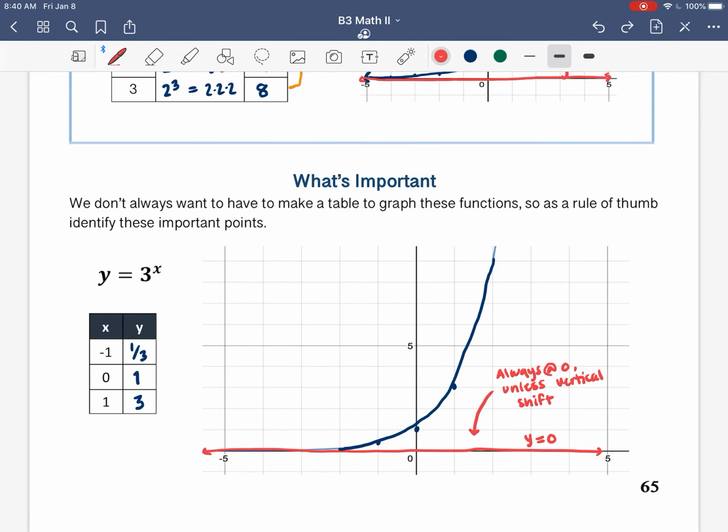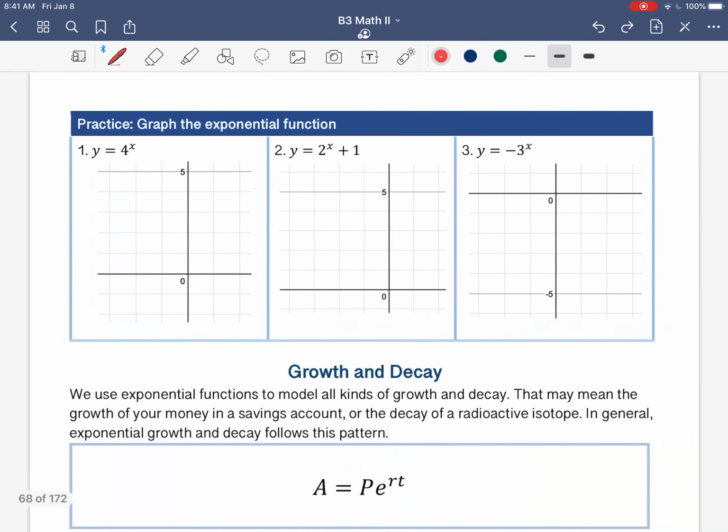So yes, we can make that mini table with -1, 0, and 1 in it, and then graph it using the knowledge of where the asymptote is. So let's turn the page. We're going to graph a couple of exponential functions here. First we have 4 to the x power. This one does not have any vertical shifts, so I'm just going to prematurely draw the asymptote because I know it's going to be at y equals 0 still.